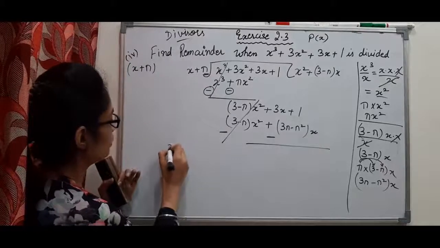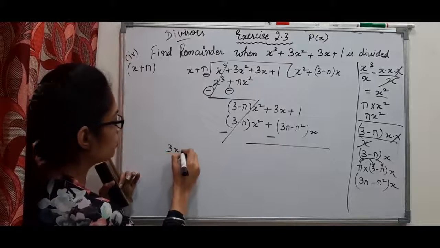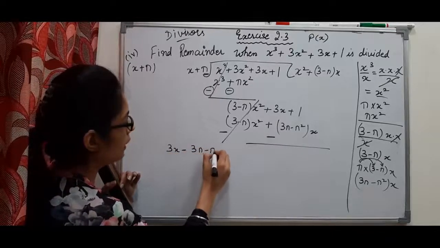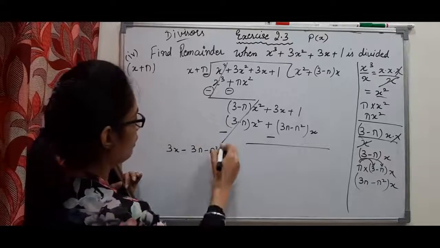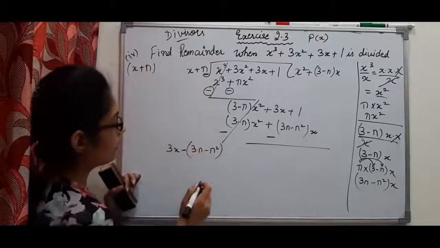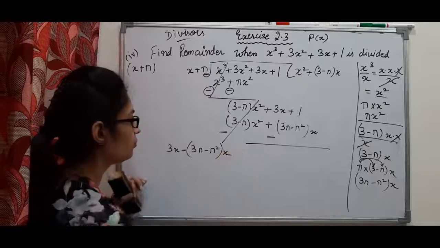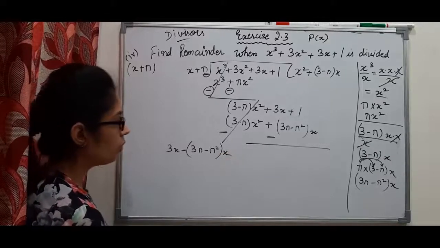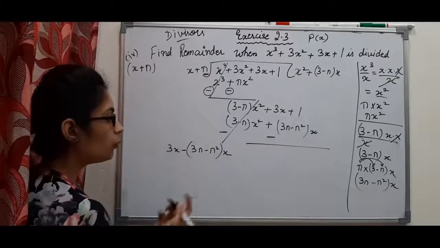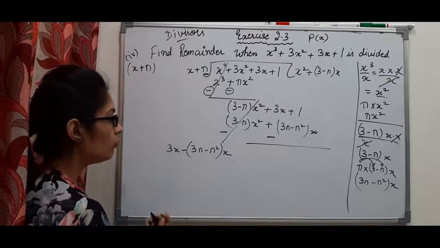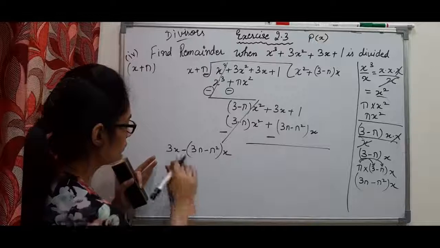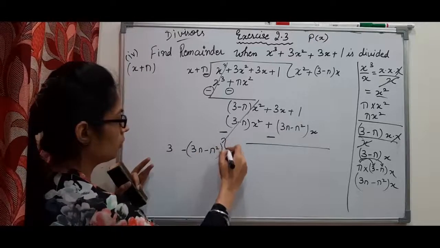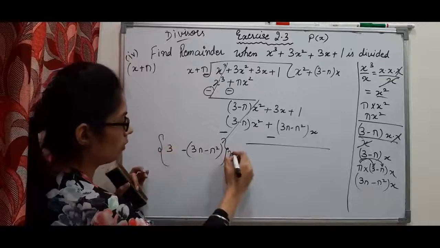So see what we will get now. So this is 3x minus 3 pi minus pi square, with the bracket, x. So we can write in this form only because we have x in both the terms. And also if you want, you can take x common, you can write in this way.